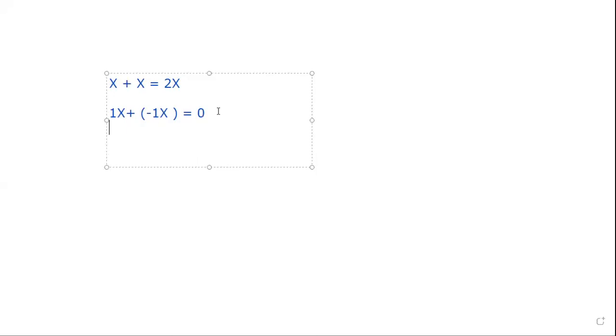And this is a number and its additive inverse. Right? So, who can tell me the rule when you add a number to its additive inverse? What is the rule?